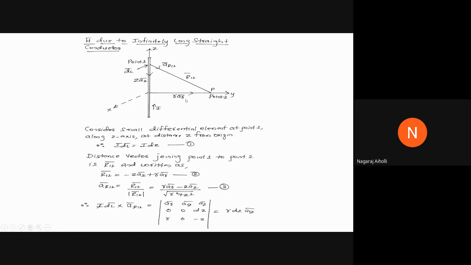This is the point P, and we are finding the distance vector R12 bar along the direction from the elemental length towards the point P. That is our point of interest, and AR12 bar is the unit vector.